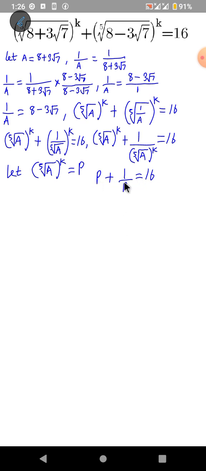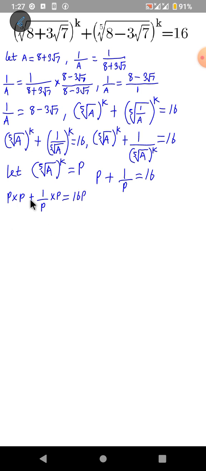Now, my next step will be to multiply each component of this equation by P. So we say here will be P multiplied by P plus 1 all over P times P equal to 16 times P, which is 16P. Then we'll continue again.